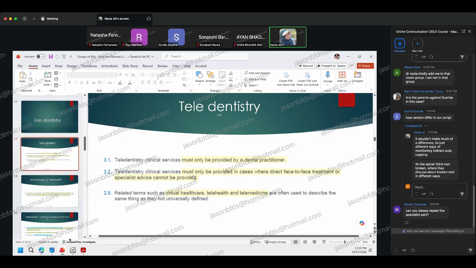And this patient, we're talking about a diabetic patient potentially. They say that teledentistry must only be provided by dental practitioners, and only in cases where direct face-to-face treatment or specialist advice cannot be provided, right? So now it cannot be provided, and we are sending this patient.